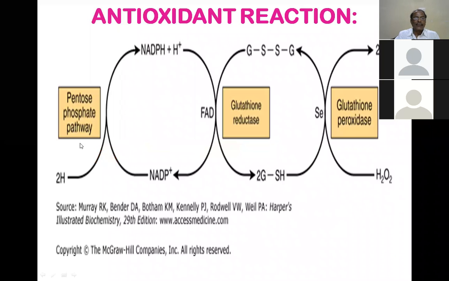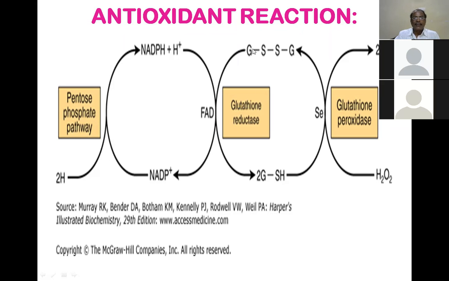You see, in the pentose phosphate pathway, the hydrogen ions are added on to the oxidized NADP and producing reduced NADP. Now, there is an enzyme called as glutathione reductase. This uses FAD as a coenzyme.